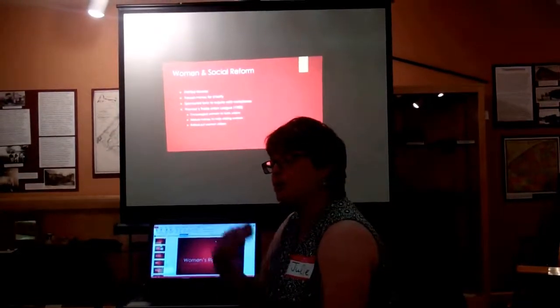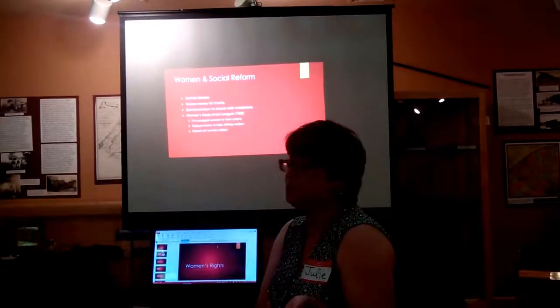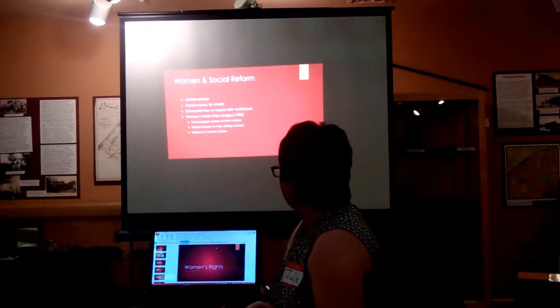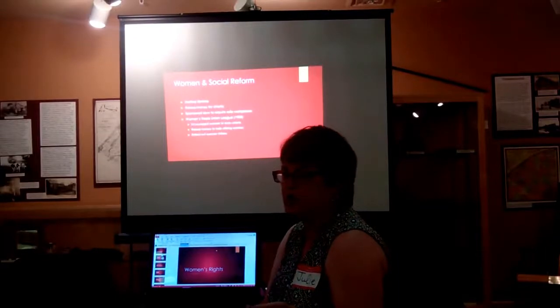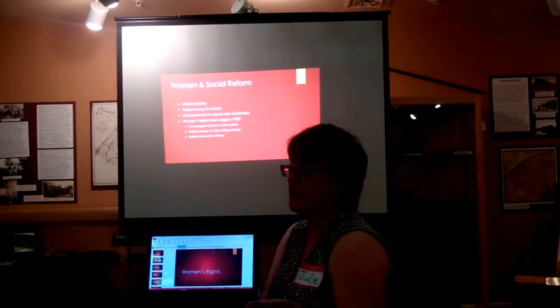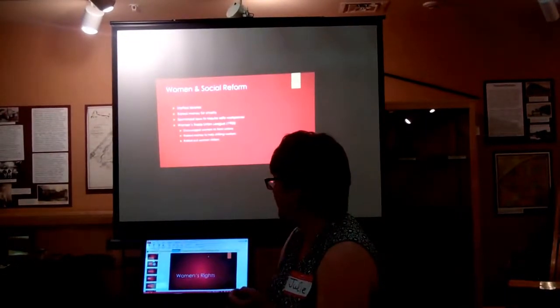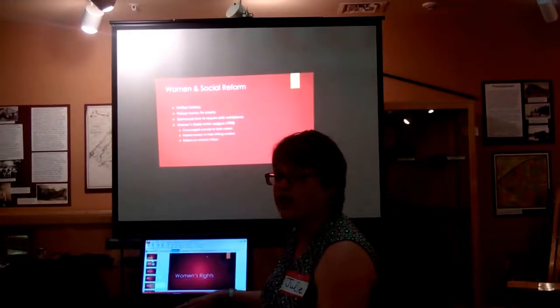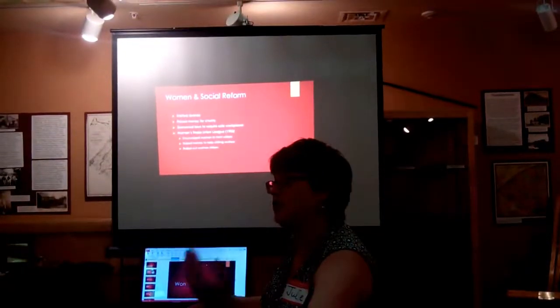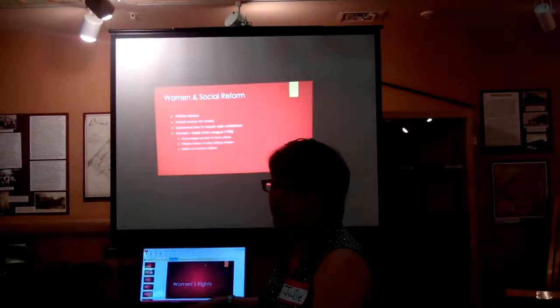So they encouraged women to form unions, they raised money to help striking workers, especially other women who were on strike, and they bailed out women who were thrown in jail because of strikes. Because back in those days, if you got thrown in jail, if somebody didn't bail you out, you stayed there. And many of these women who were on strike lost their jobs. If you went on strike, a lot of times you were blacklisted and you weren't allowed to go back to work.